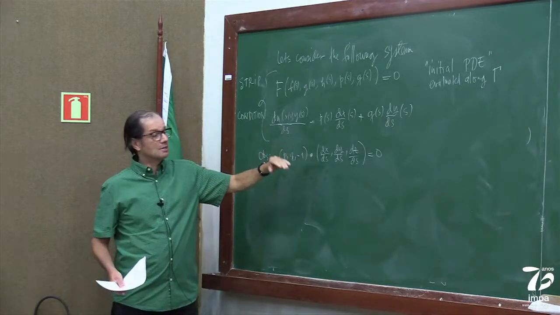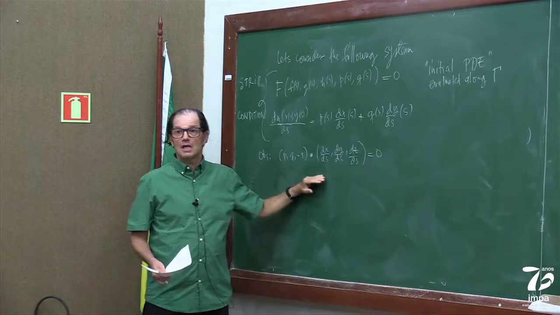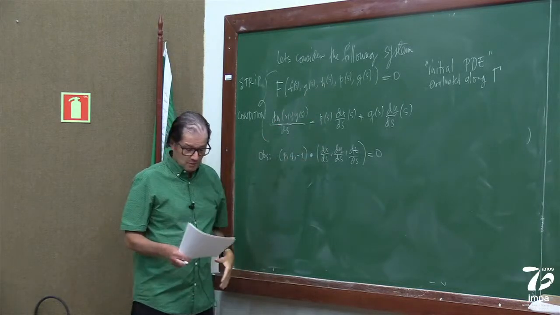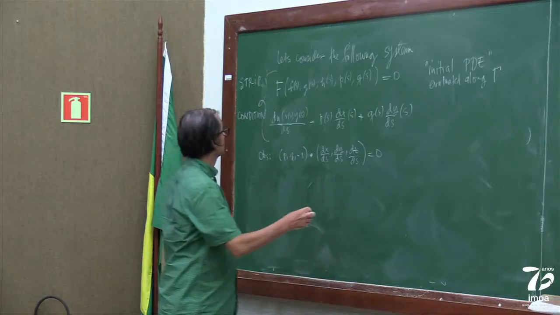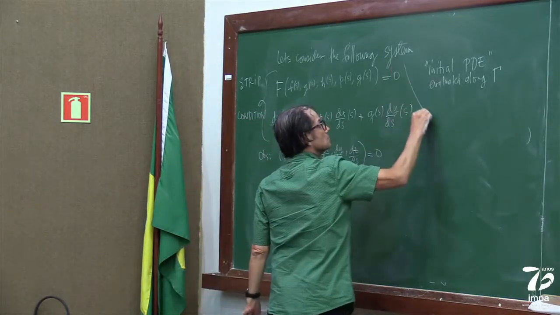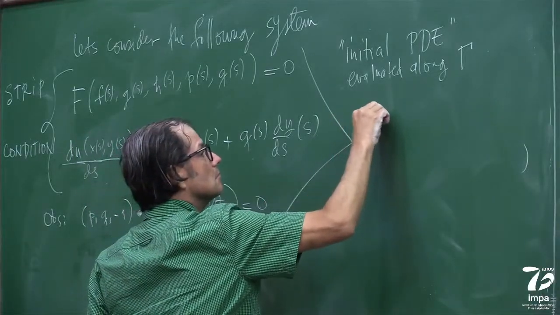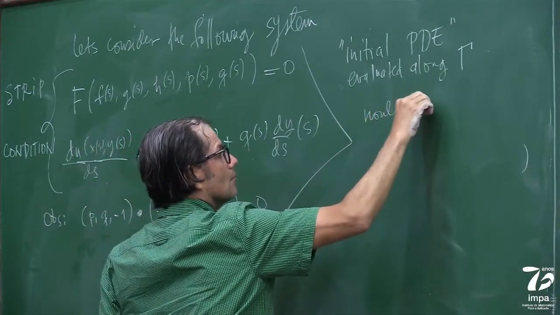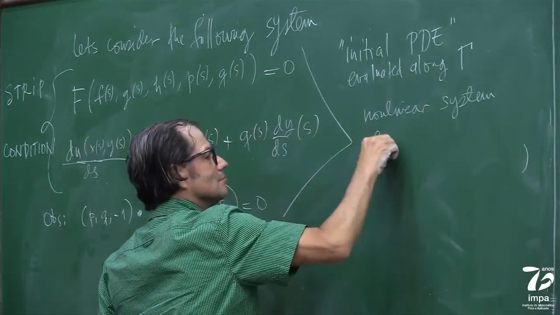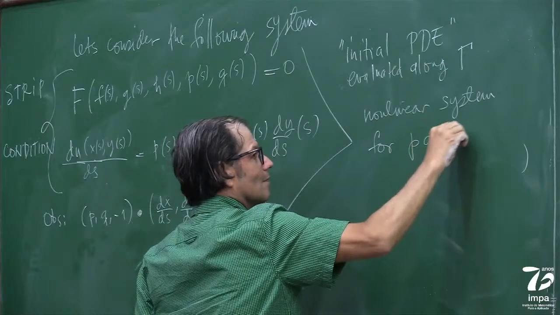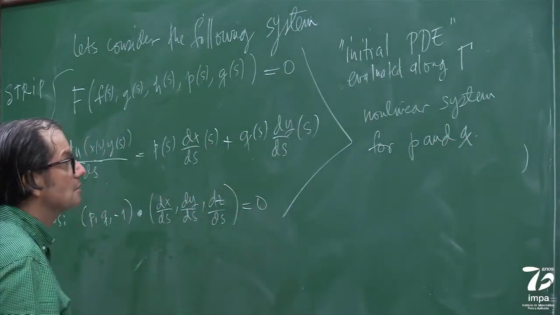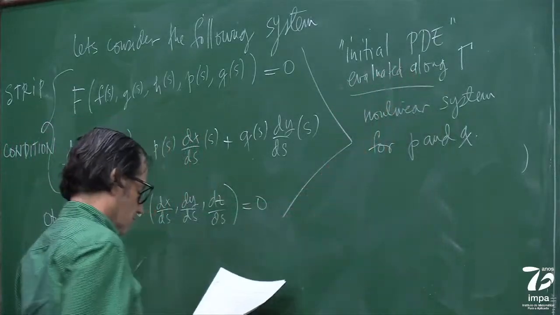So this is basically information about tangents and normals. This is the PDE, and from here, this is a nonlinear system for P and Q along the curve gamma.